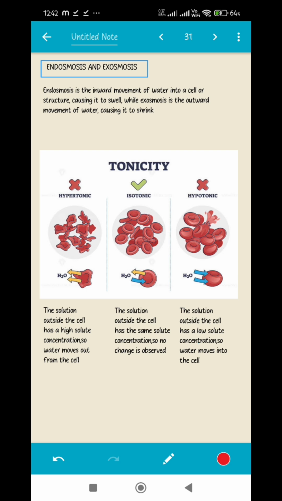Now the third type of tonicity of a solution is isotonic. So what is isotonic? When both the cell and the surrounding medium have the same amount of solute present in them, there is no movement of water either into the cell or from the cell to the outside. As a result, the cell is in the most optimum condition and no damage to the cell is caused. So isotonic is the best condition for a cell to be.